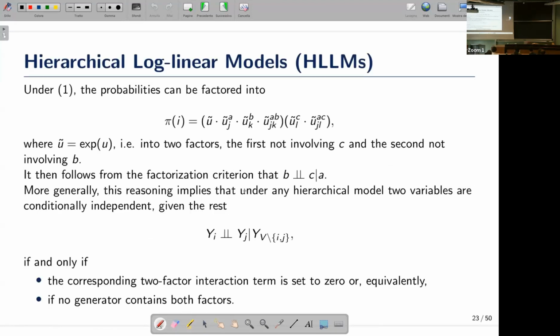What we are doing here is splitting the joint probability in two parts.